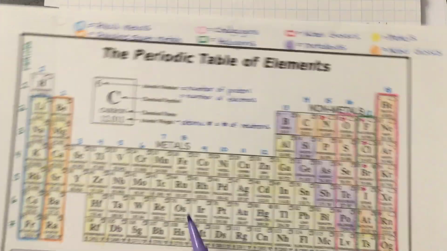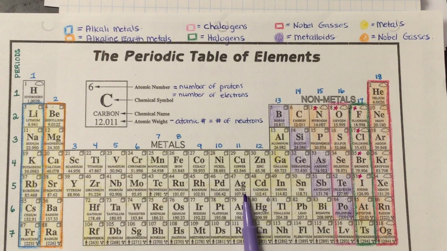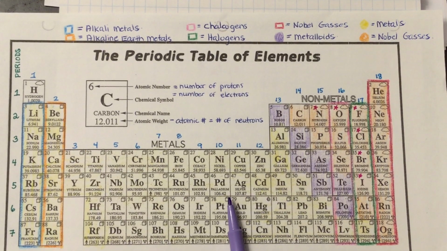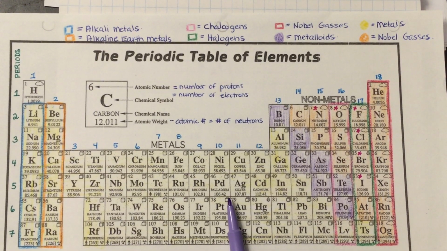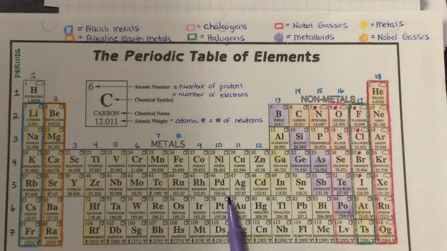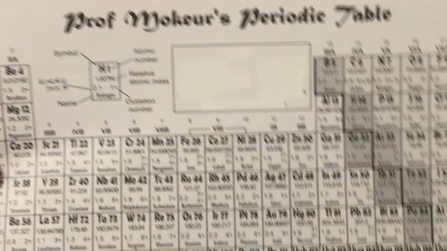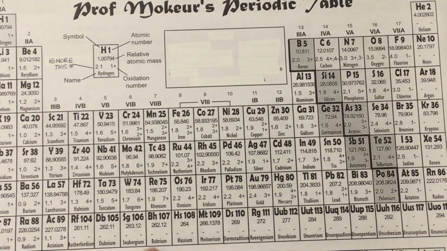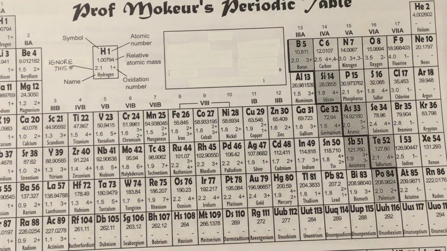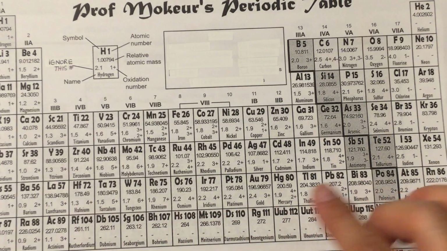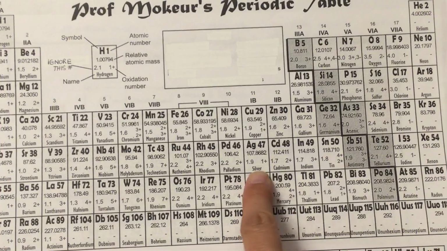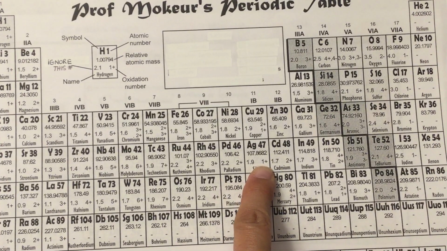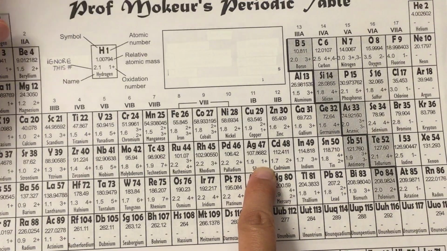Okay, silver here is a transition metal, which means that the charges can vary greatly. So what you want to do is grab that other periodic table that I gave you. Okay? Professor Moker's periodic table, and here you're gonna see it gives you all the charges for all the ions, okay? So here is silver, and that tells you the charge right there. So the charge for silver is +1, okay?